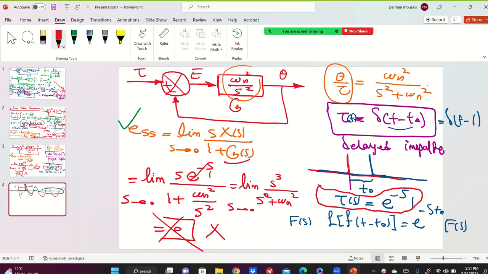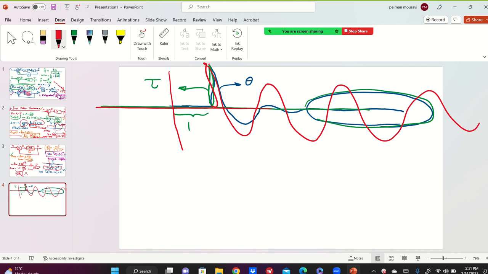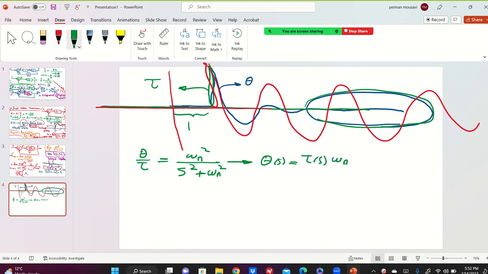Okay, so look at here, guys. Theta over tau was omega n squared over s squared plus omega n squared, or theta of s is tau of s times omega n squared over s squared plus omega n squared.